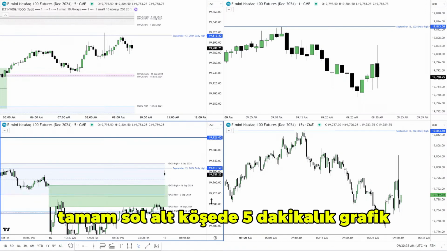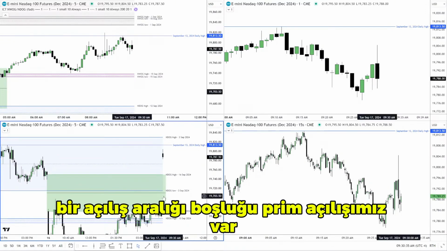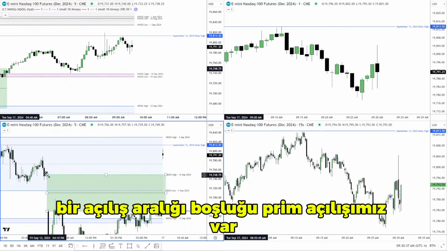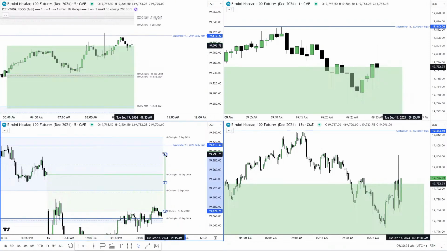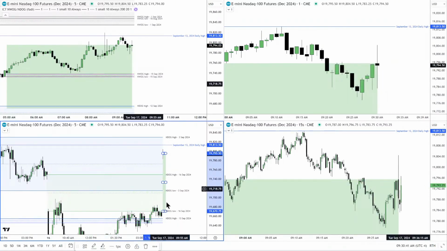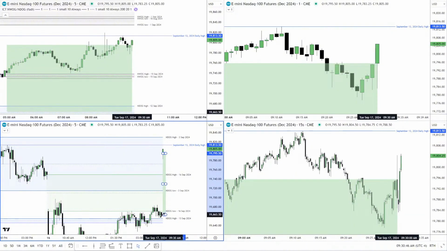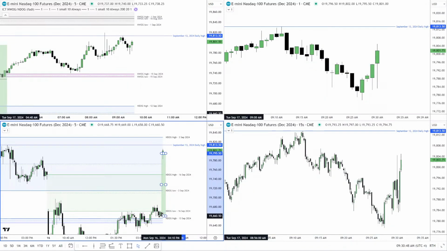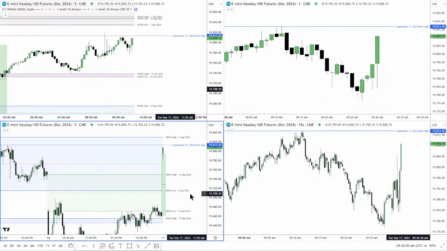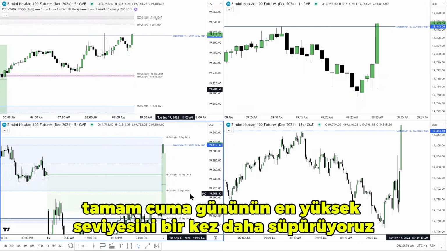All right, lower left-hand corner, 5-minute chart. We have an opening range gap, premium. Okay, sweeping Friday's high once more.